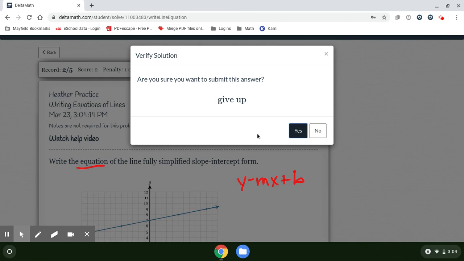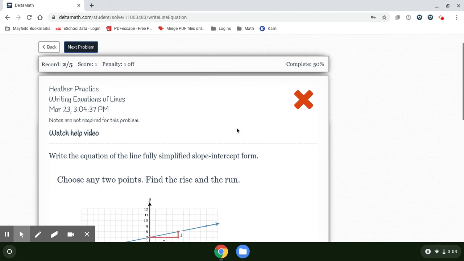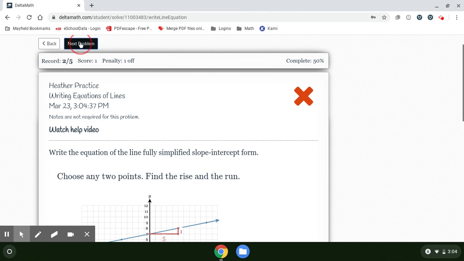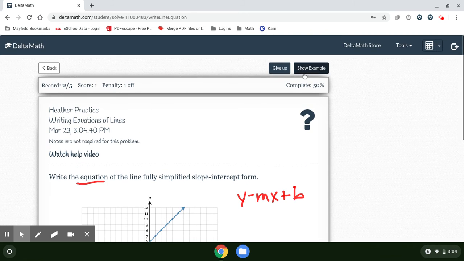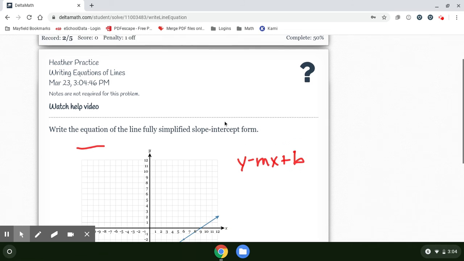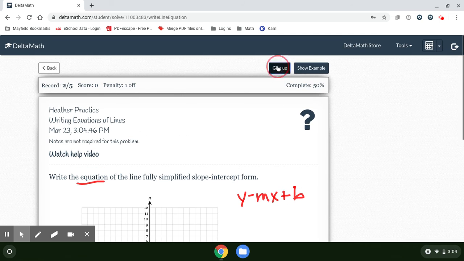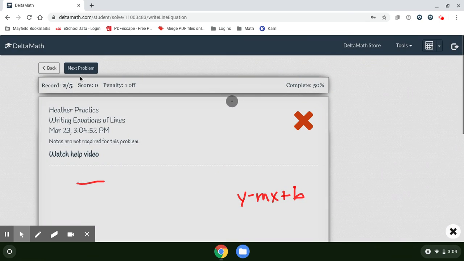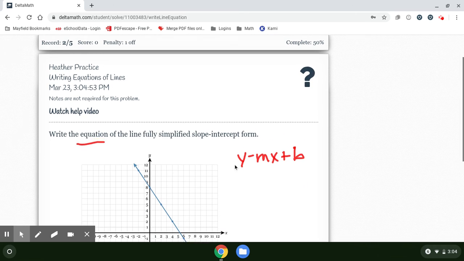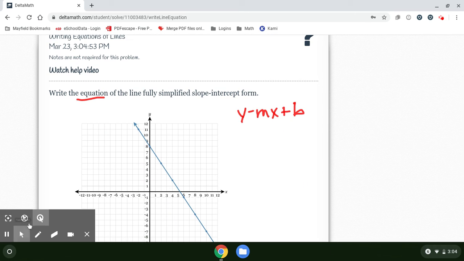Let me hit give up here and see if I can get a negative line. I seem really good at getting positives. Here's a -1, so we'll do 1 negative. So now, instead of having a positive slope, I'm going to have a negative slope because my line is going downward.